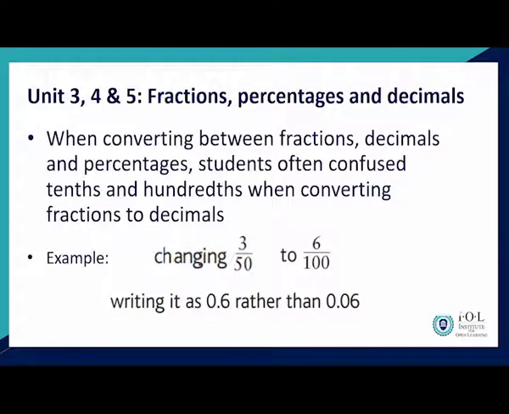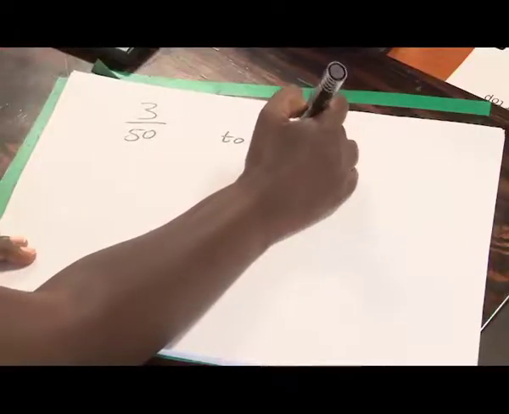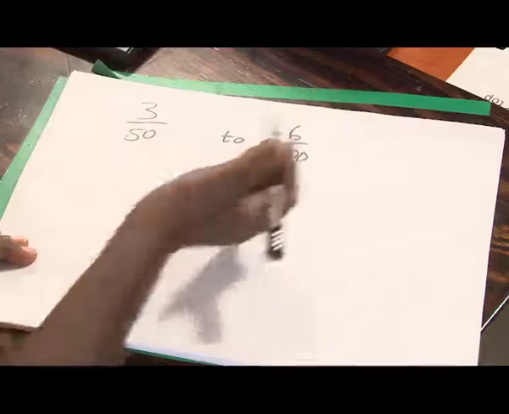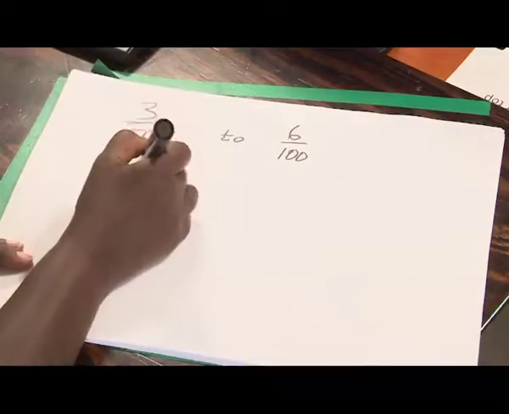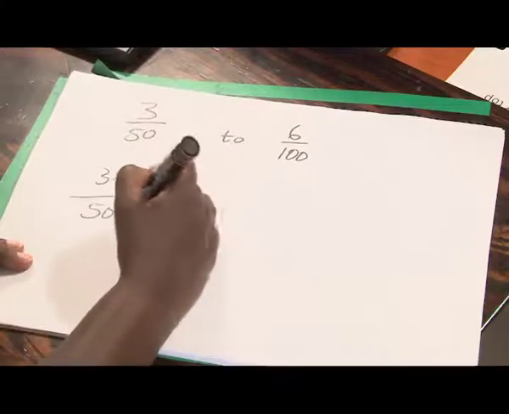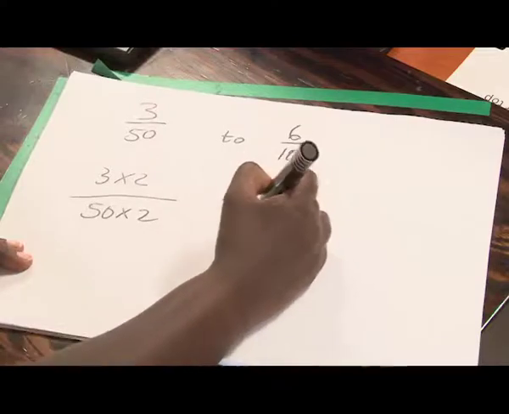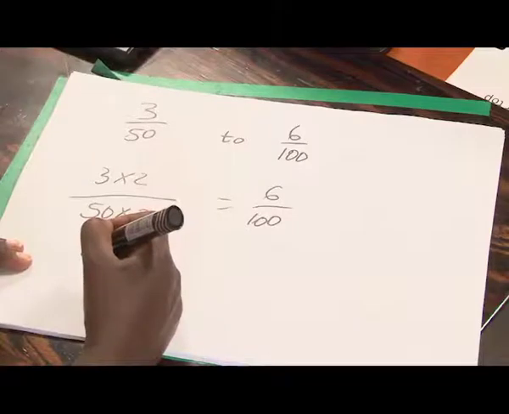Let's say, for example, we have this example. You change 3 out of 50, 3 divided by 50, and you want to convert it to 6 out of 100. Because here, all we need to do is multiply by 2. And then it gives you 6 out of 100, and now you have to convert this to a decimal fraction.